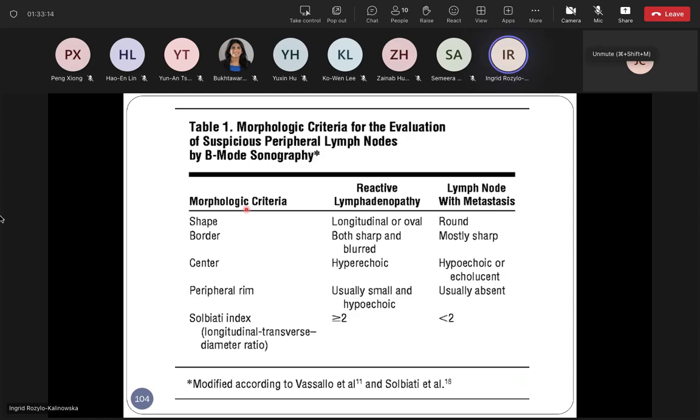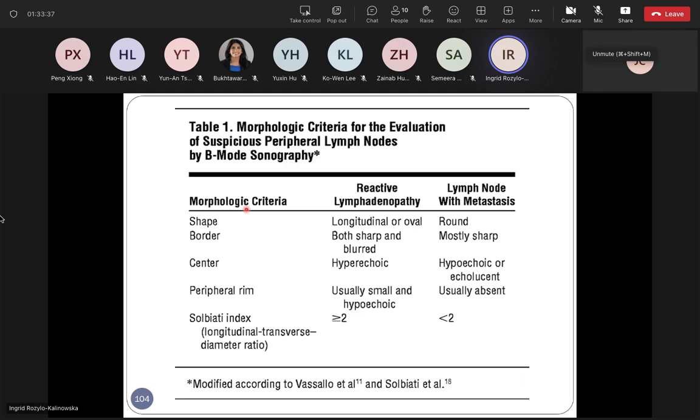So the Salviati index is the longitudinal to transverse ratio of the axes of a lymph node. If it's above 2, so the lymph node is more oval, more longitudinal, it's more probable that the lymph node is not metastatic.